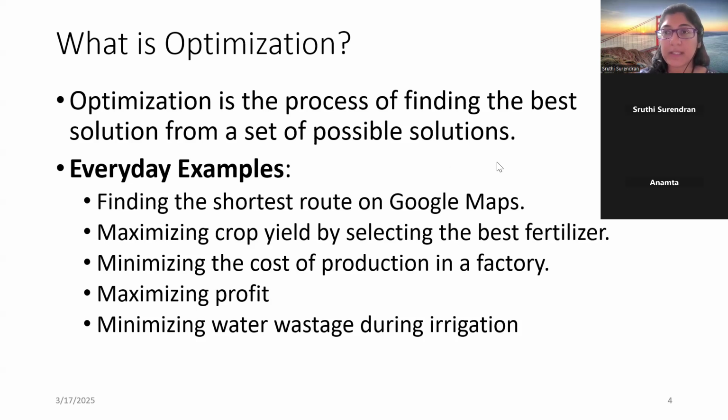optimization. Now, if we follow real life examples, when you choose a location, Google Maps provides you at times two or three routes. One route will be the shortest route, which is obtained through the method of optimization. Another route might be one that is not very congested.